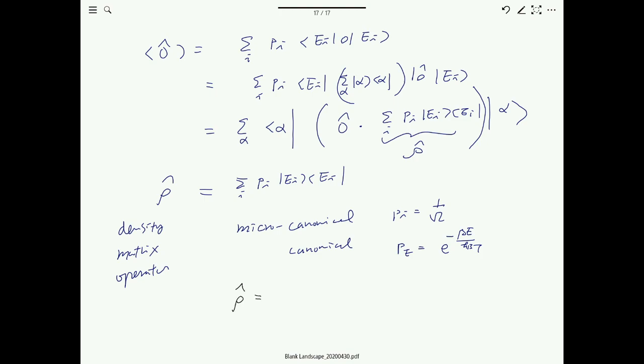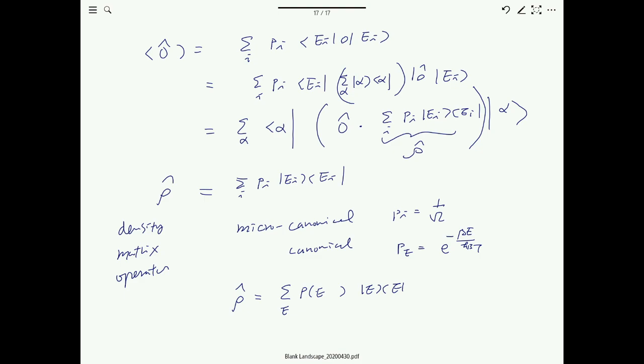In general, I sum over certain probabilities with, for example, energy. This is my Boltzmann weight, and this gives us the canonical ensemble, and then I can generalize this to the grand canonical partition function.